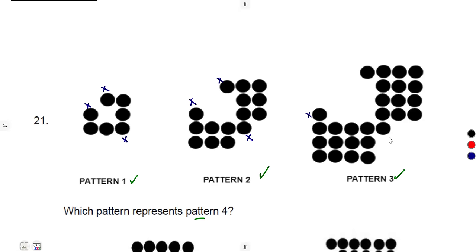This one, and this one at the anchor. We can see each and every part has got 3 anchor dots. There are 3 anchor dots in each pattern, in each part that we see there.